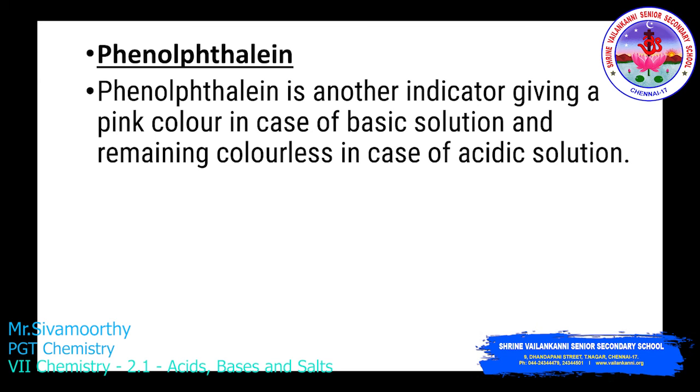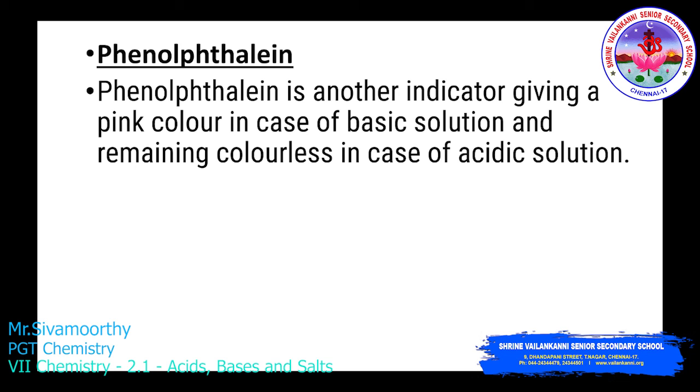Basic solution, you know very well. Basic means what students? Any hydroxide along with a metal. Suppose you take sodium hydroxide, magnesium hydroxide, calcium hydroxide. So all the hydroxides are generally known as basic solutions. The pH value is above 7 because the solution is a base.